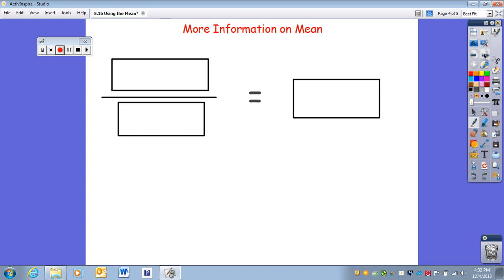So, we have another way that we can use mean. When we do mean, remember that it's the sum of the data, and that sum is divided by the number of data pieces that we have. We could also use that in reverse.